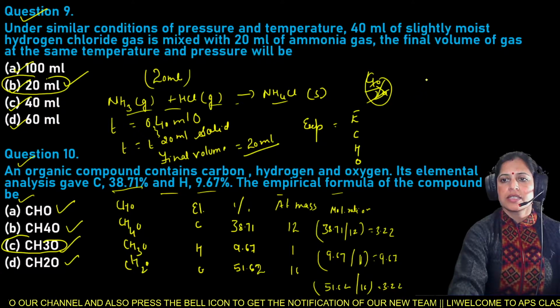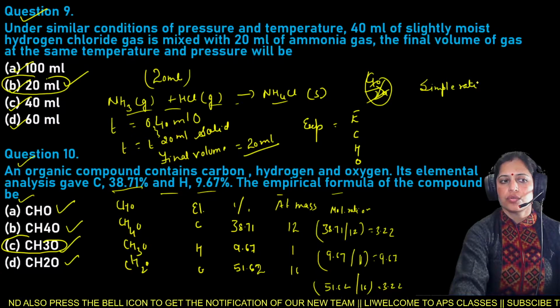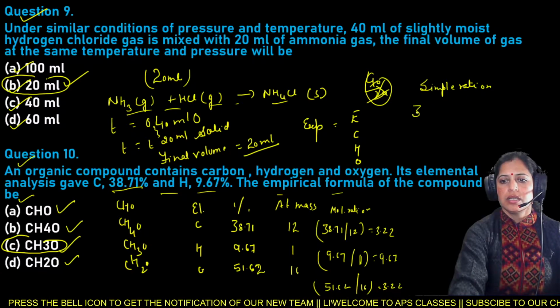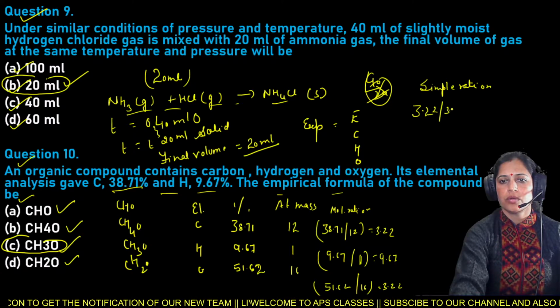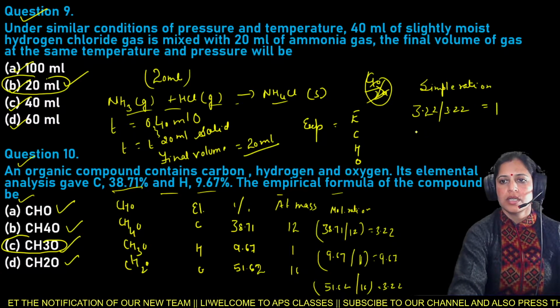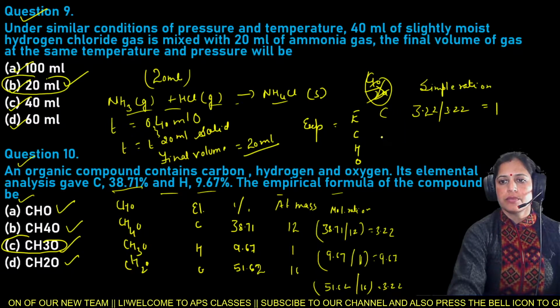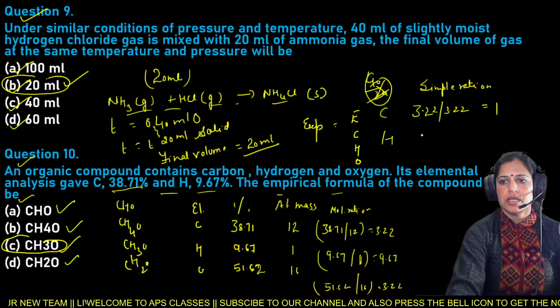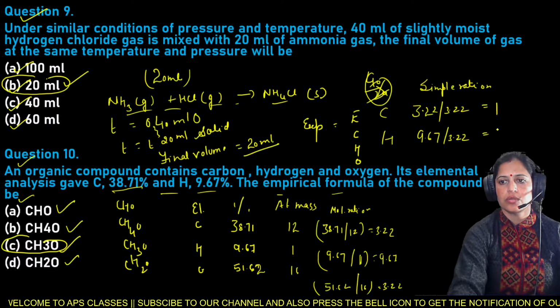After that, the simple ratio. The simple ratio of carbon is 3.22 divided by 3.22, which is equal to 1. The simple ratio of hydrogen is 9.67 divided by 3.22, which is equal to 3.